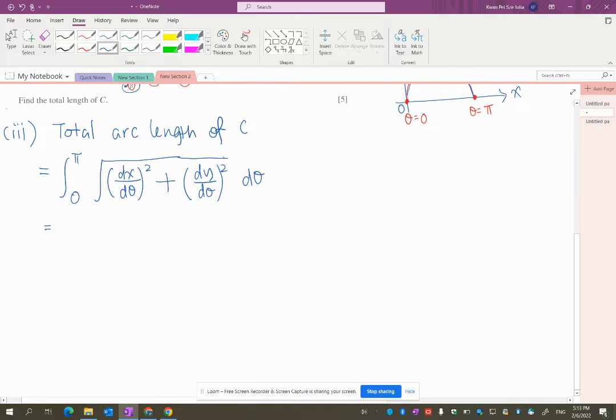Now we substitute in our expressions. In part 1, we found the expression here: 2 minus 2 cosine 2 theta. We square it, and then plus 4 sine theta cos theta, squared.